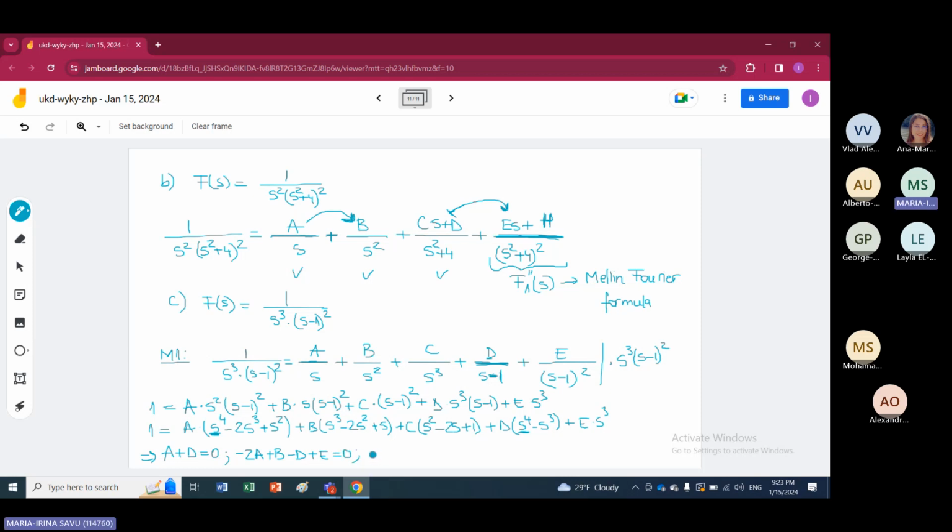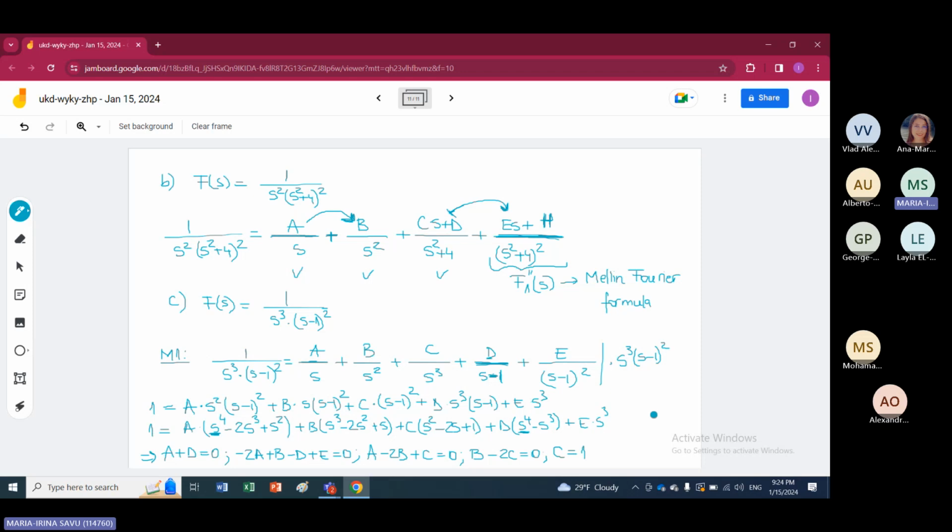Then for s squared, I have a from here, minus 2b from here, plus c from here, and that's all, and it's 0. For s, I have b minus c from here, and that's all, and this is 0. And the constant term appears here, and c is 1. Okay.